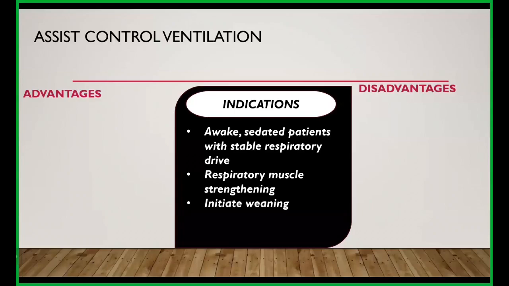It strengthens your respiratory muscle and also for initiating weaning, you can use assist control ventilation. So the primary mode is your controlled ventilation. That is the starting mode. To initiate weaning, you can just switch over to the assist control ventilation.